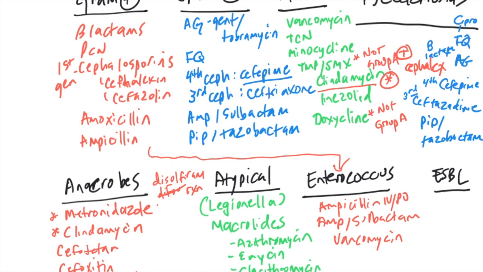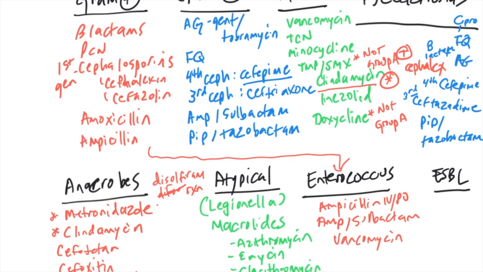Okay. And then the last category I wanted to go over is ESBL. ESBL is extended spectrum beta-lactamase resistance. So you'll often see this with gram-negative organisms. So you might hear somebody say, this person has an ESBL E. coli or an ESBL Klebsiella.